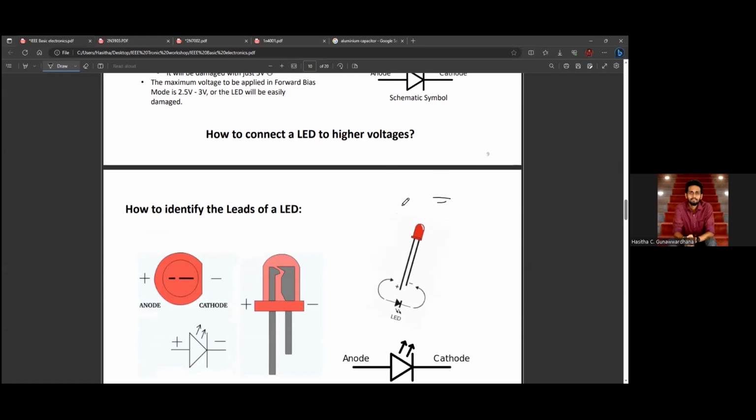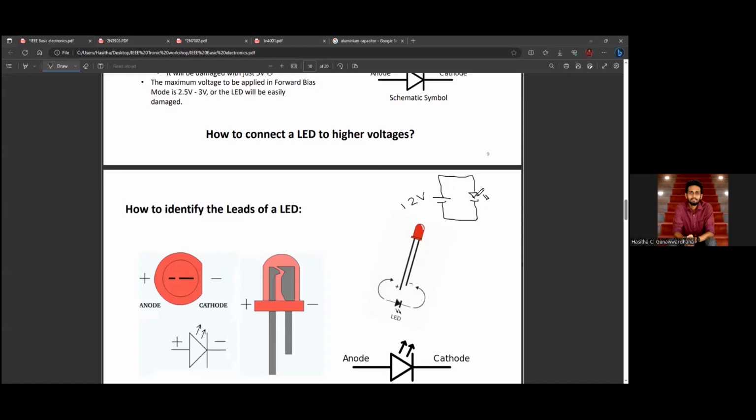So if we have a 12 volt battery and we have an LED, and we connect this simply, what will happen? This LED will definitely explode or be damaged.